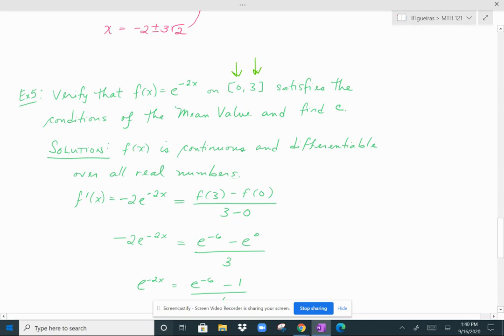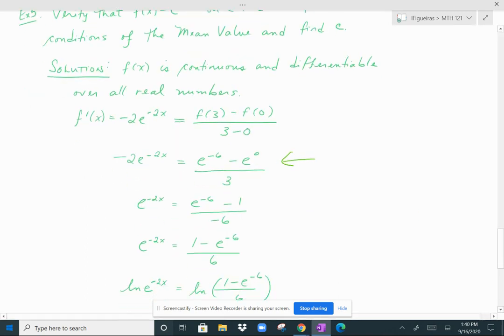All right, so when I plug in 3 into the original function, I get e to the negative 6. When I plug in 0, I get minus e to the 0, divided by 3. Remember, we eventually need to solve for this variable x. So I'm going to divide both sides by negative 2 to get rid of this.